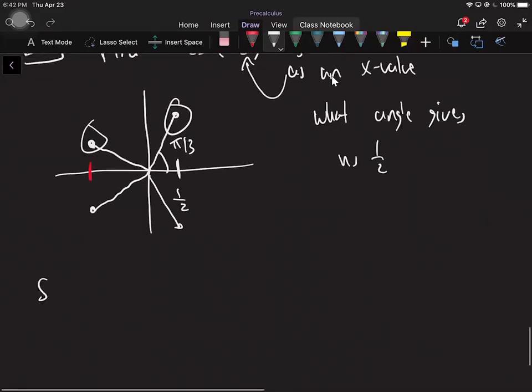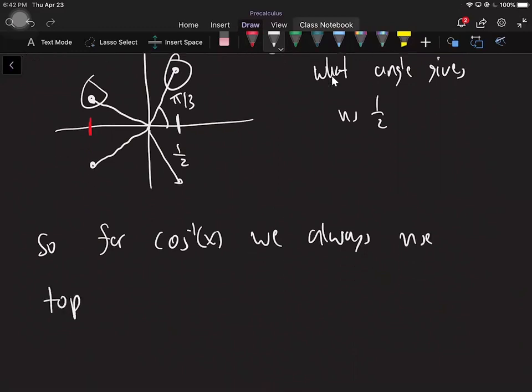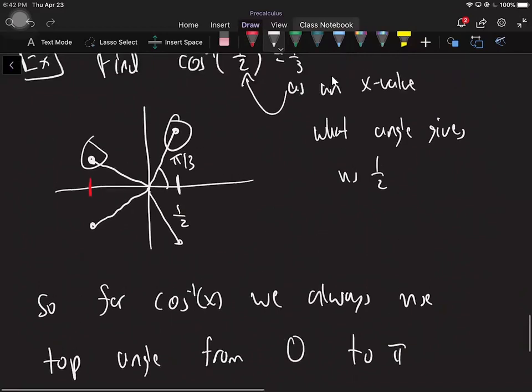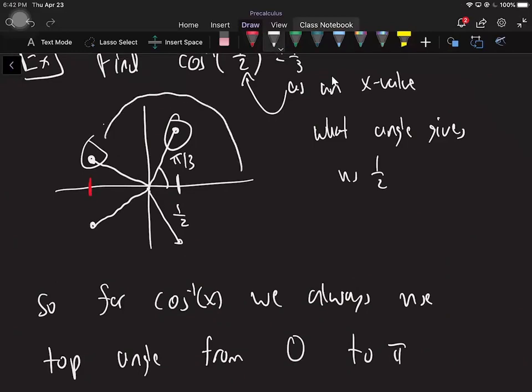Okay, so for cosine inverse of x, I always use the top angle, which is from 0 to pi. So the top angle where we think about rotating this way, from 0 to pi.